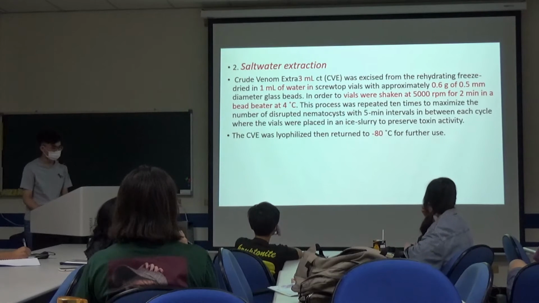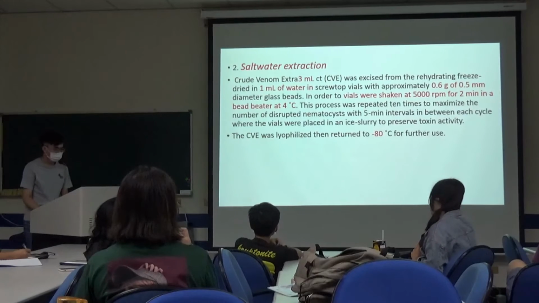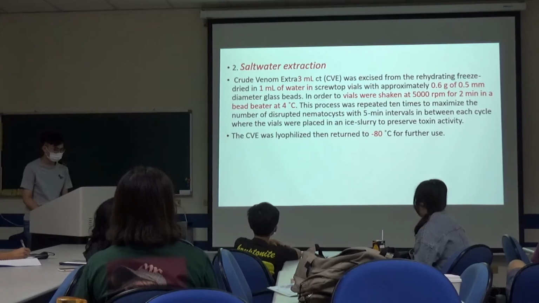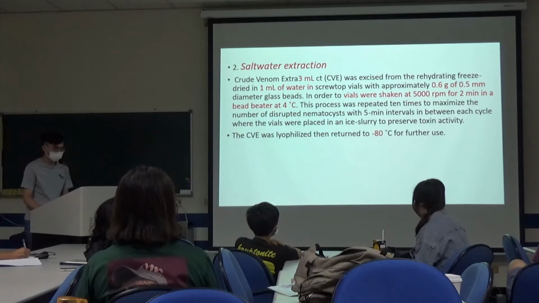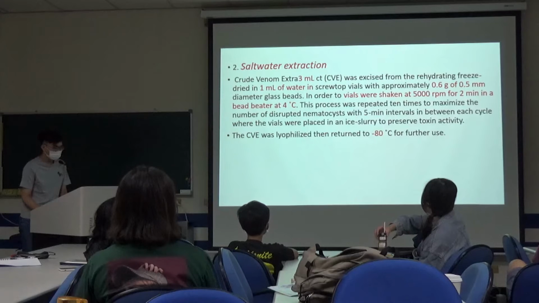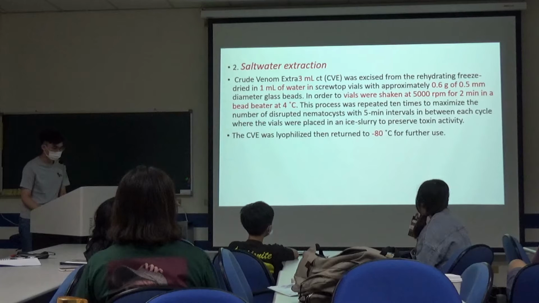So second one, saltwater infiltration. Put venom in 3 milliliters, and it was inserted from the high-grading phase, drained in 1 milliliter of water in a split tube with approximately 0.6 gram of 0.5 millimeter diameter beads in order to fire at 5,000 revolutions per minute for 2 minutes in a ventilator at 4 degrees.